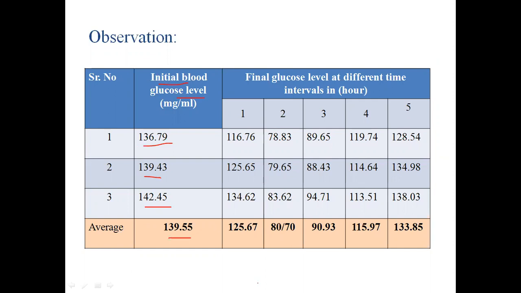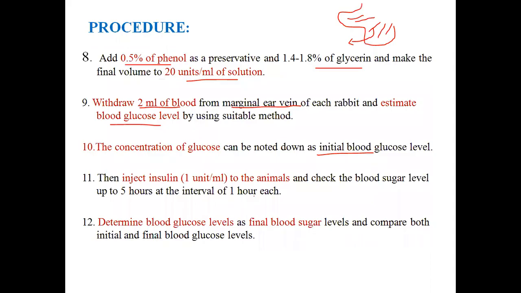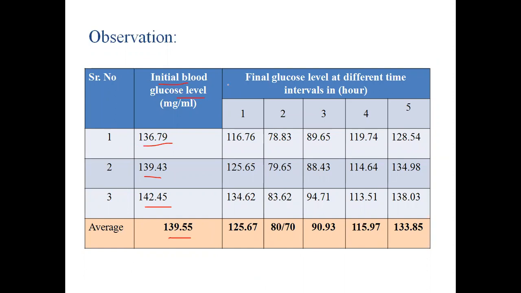Similarly, then you have to inject the insulin to the animal and check the blood glucose level up to 5 hours at an interval of 1 hour each. Now you can see, here I have given the insulin injection, and then after 1 hour I am taking out the blood, after 2 hours, 3 hours, 4 hours, and after 5 hours.